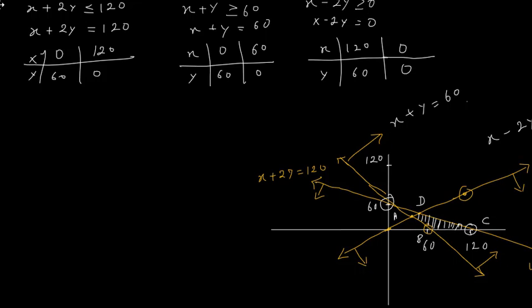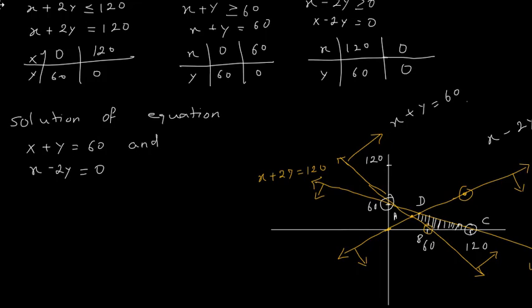So solution of equation x plus y equal to 60 and x minus 2y equal to 0 gives coordinate of point A. Okay, so for this what we do, we subtract the second equation from first equation.